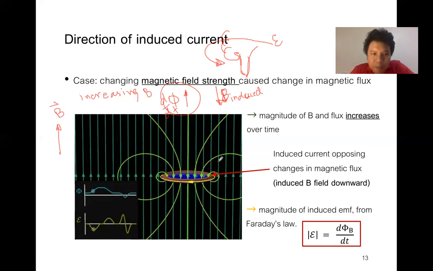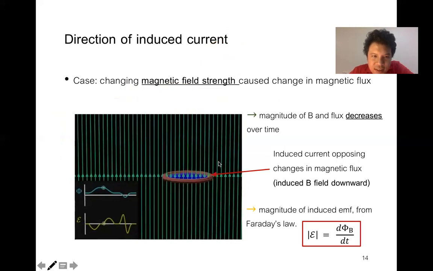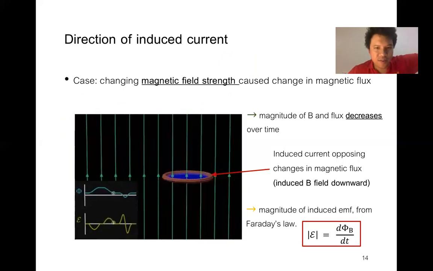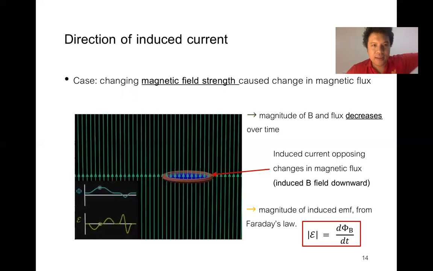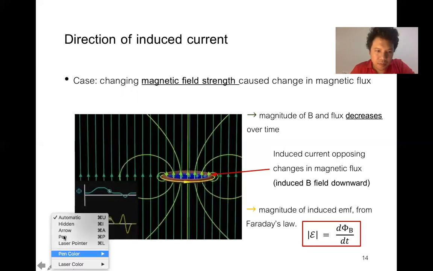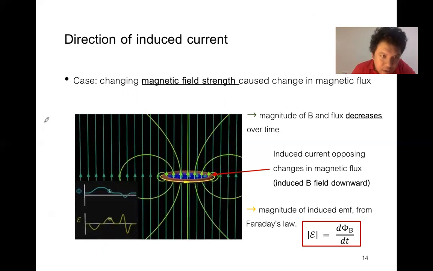Okay, then consider the next case. Now, if we decrease the strength of the magnetic field, firstly we have the magnetic field that is pointing up.